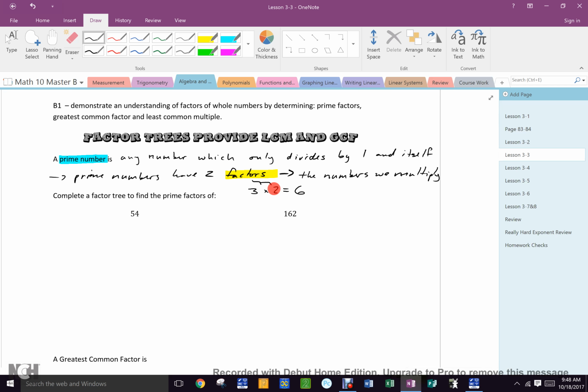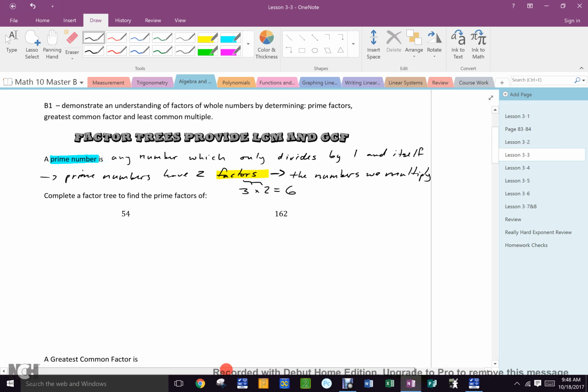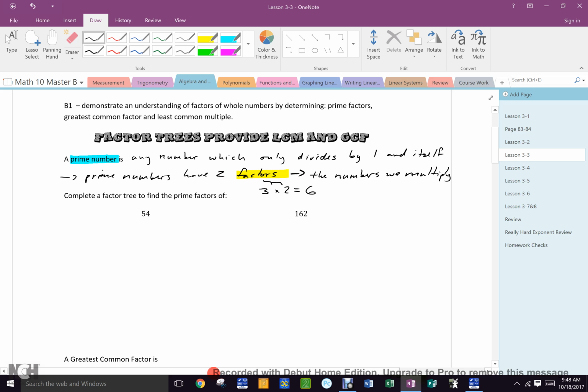Okay. So prime numbers are real important for a lot of math. I recommend that you memorize the first few of them. When I say few, I mean like up to 20. There's not that many. So I recommend you memorize these.